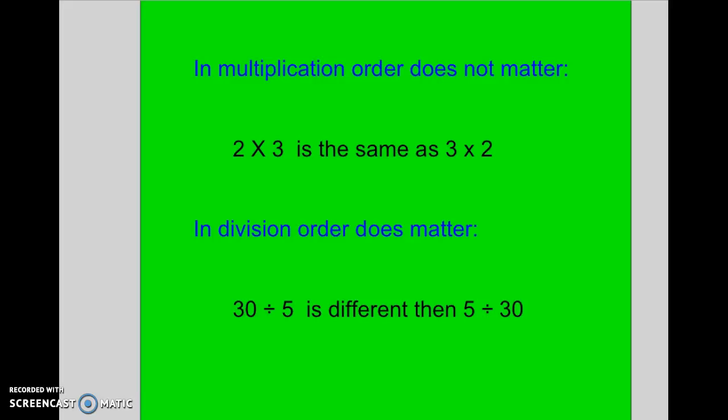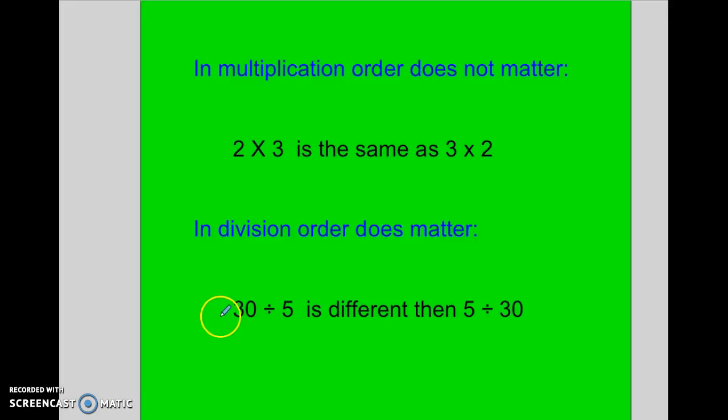All right. Next, some things that you should know about dividing. First off, when we think about multiplication, we know that order doesn't matter. I can do 2 times 3 and get 6, and the same thing will happen if I do 3 times 2, I get 6. But in division, order does matter. I want you to hear that. Order does matter.